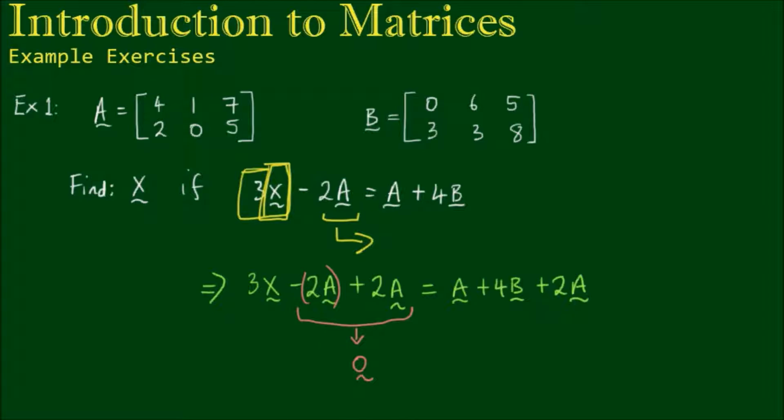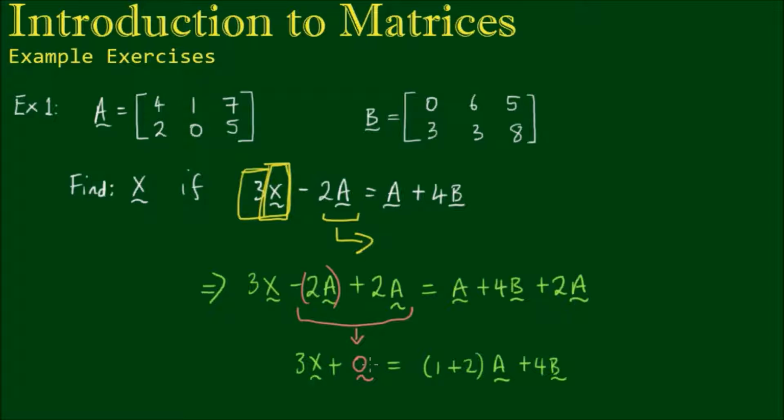So that leaves us with 3 times the matrix X plus the 0 matrix equals, on this side we have scalar addition, so we have 1 times the matrix A plus 2 times the matrix A plus 4 times the matrix B. So then on the next line, 3 times the matrix X plus the 0 matrix.